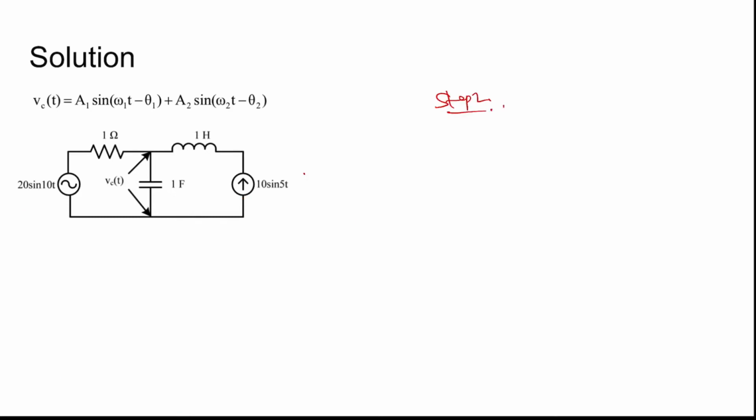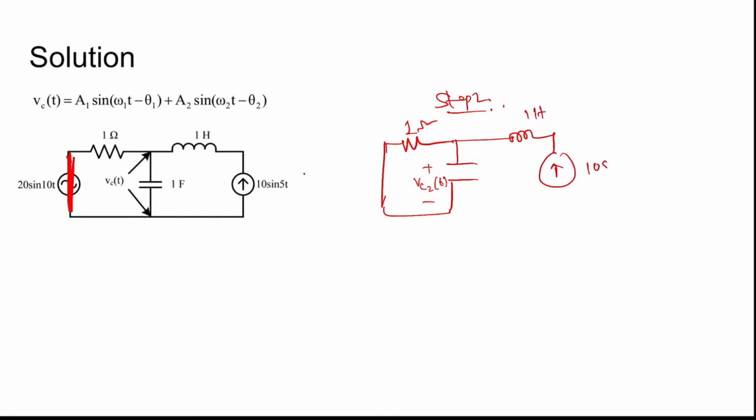Similarly, for step 2, we find Vc2 by deactivating this voltage source. So this is short circuited, and this is Vc2. Here we have the inductor of 1 henry, and the source is 10 sin 5t. Now omega becomes 5, so the inductor impedance is 5 times 1, that is j5, and the capacitor is 1 by j5 into C, where C is 1.